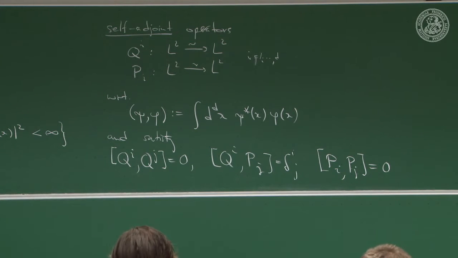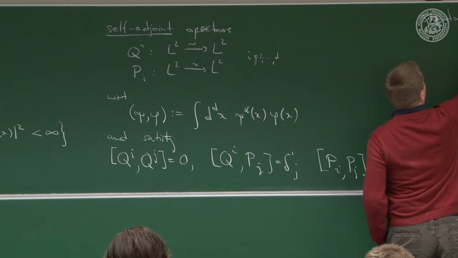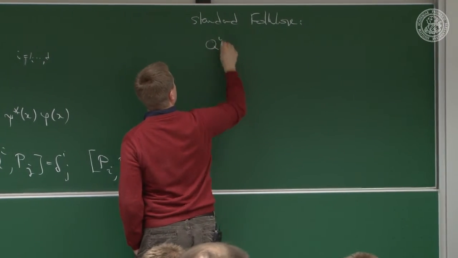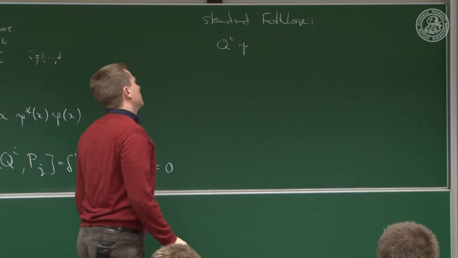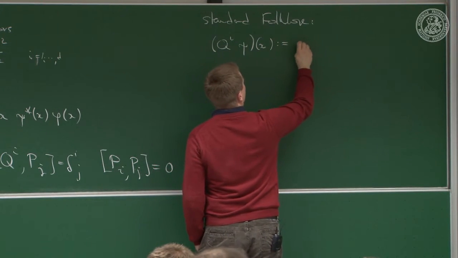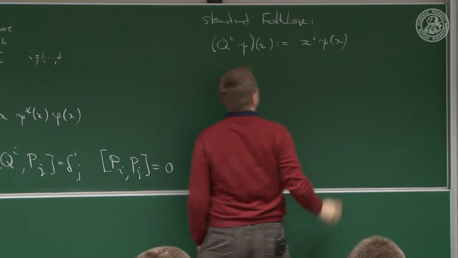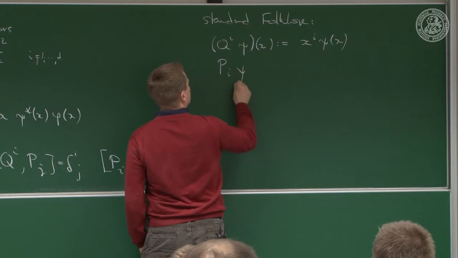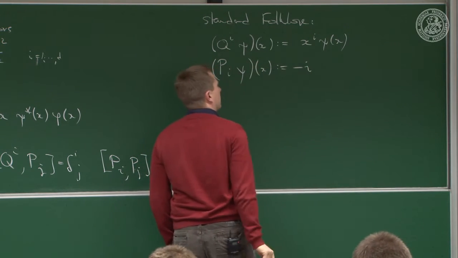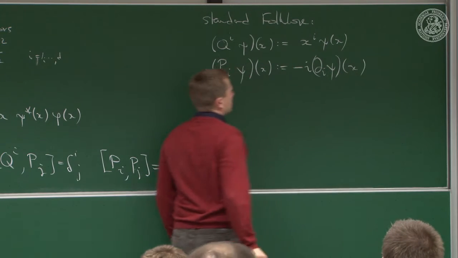It's also the standard folklore that you can represent this operator Qi on psi, then called the position space representation, by just multiplying with the ith coordinate, and Pi psi can be represented by minus i h bar, which we set to 1, del i psi of x.